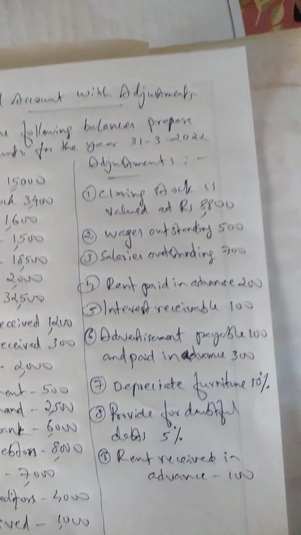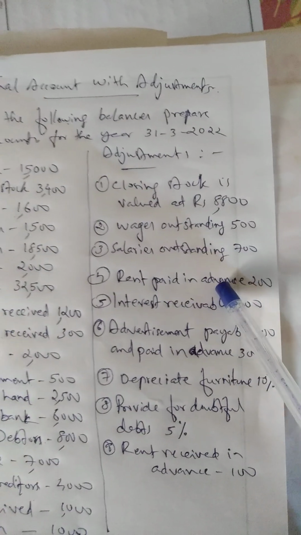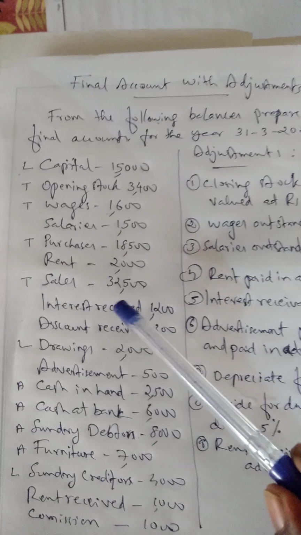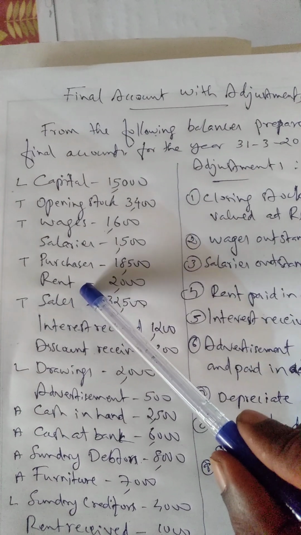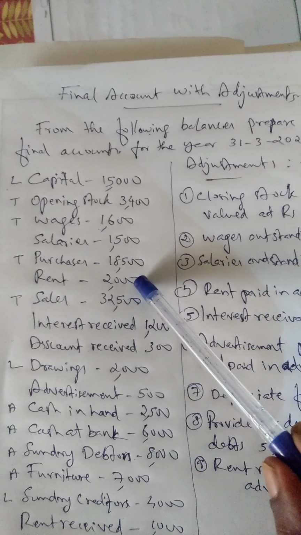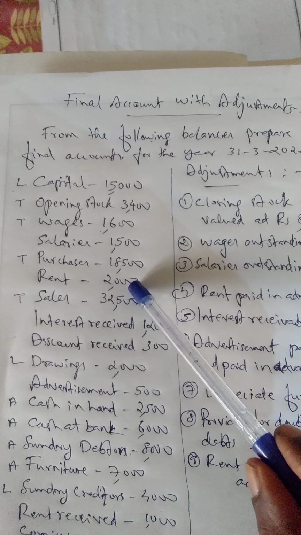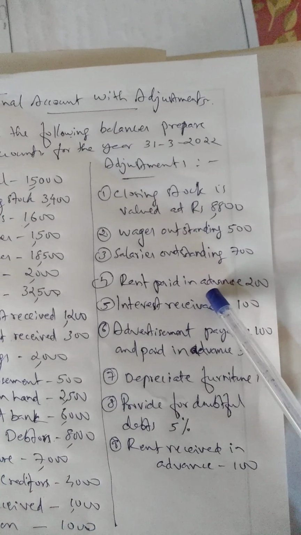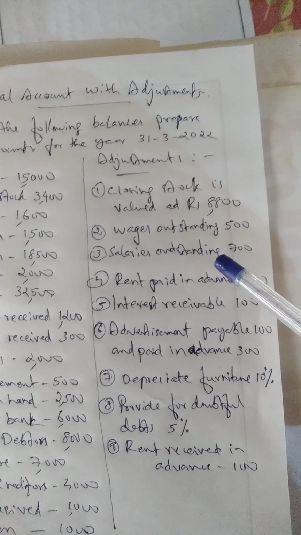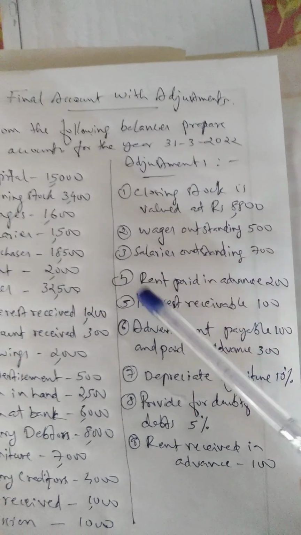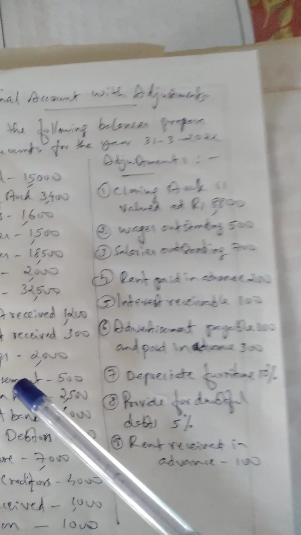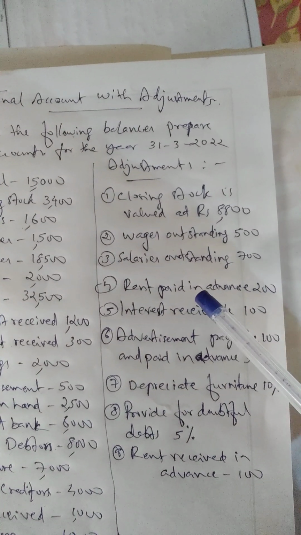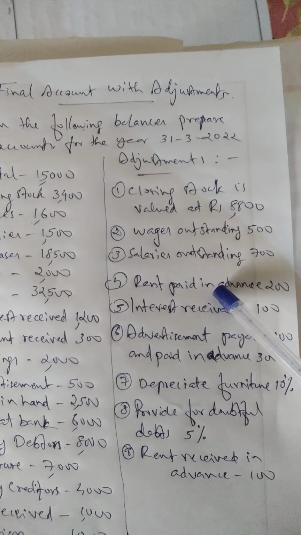So here this rent paid in advance should be shown in two places. One, it is to be deducted from the concerned item, the rent item in the profit and loss account, and also shown on the asset side of the balance sheet. Any expense paid in advance should be deducted from the concerned item in the trading or profit and loss account and must be shown on the asset side of the balance sheet.